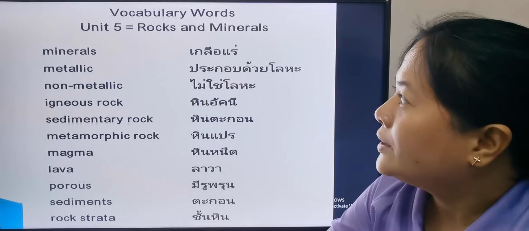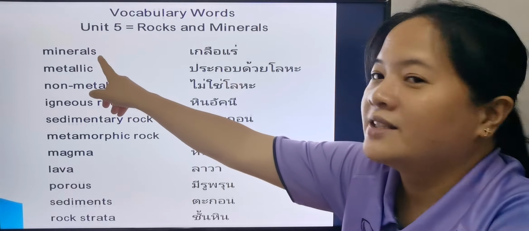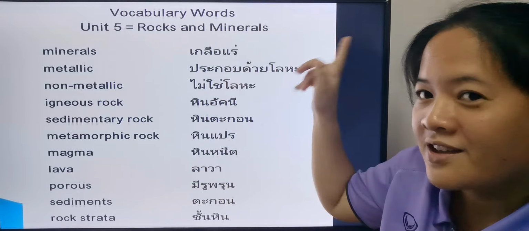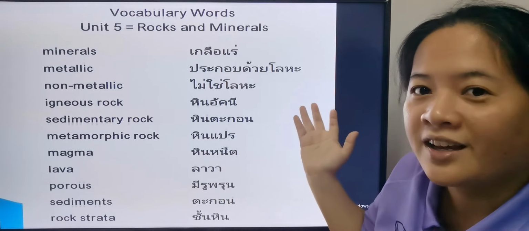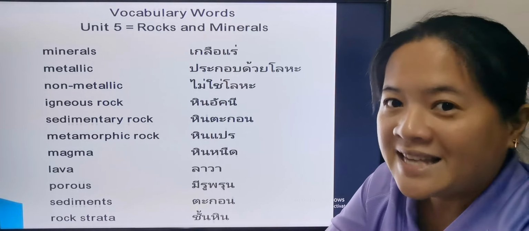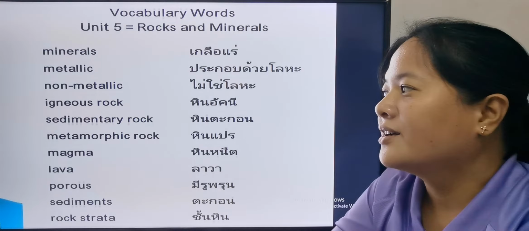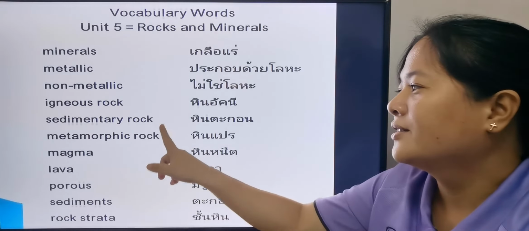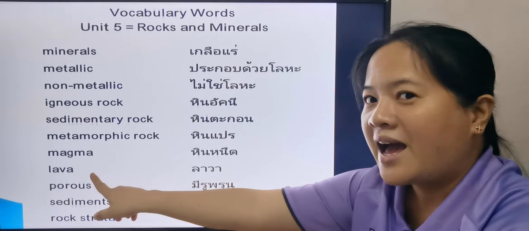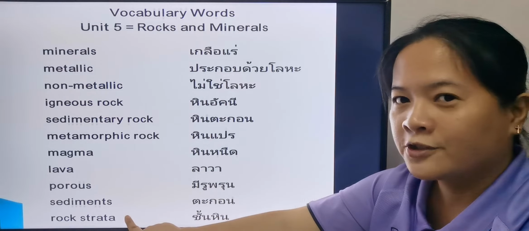Okay, so we have minerals. Remember, this isn't the Thai meaning. If the Thai meaning is not correct, I just got it from Google Translate. So we have minerals, metallic, non-metallic, igneous rock, sedimentary rock, metamorphic rock, magma, lava, porous, sediments, rock strata.